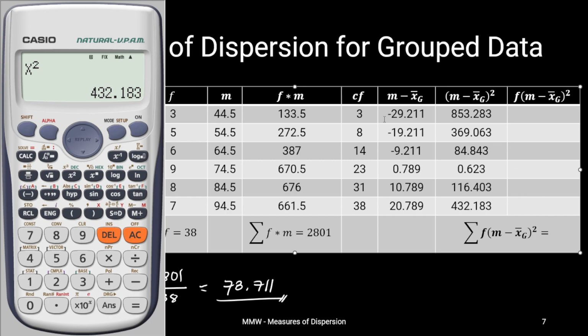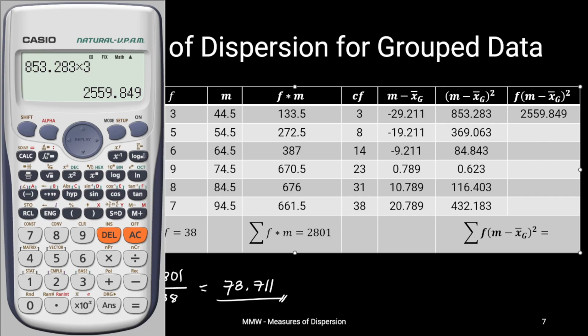So, anong gagawin natin dito? We are just going to multiply the frequency to the squared answer natin, dito sa last column. So, ano ba yung frequency natin? Ito, yung nasa gilid. Okay, so for the first, we have 853.283 times 3. That is 2559.849.